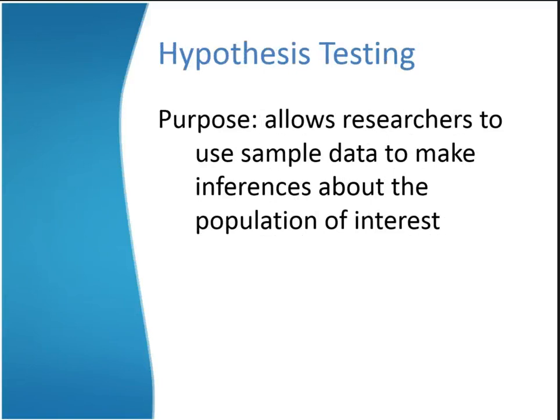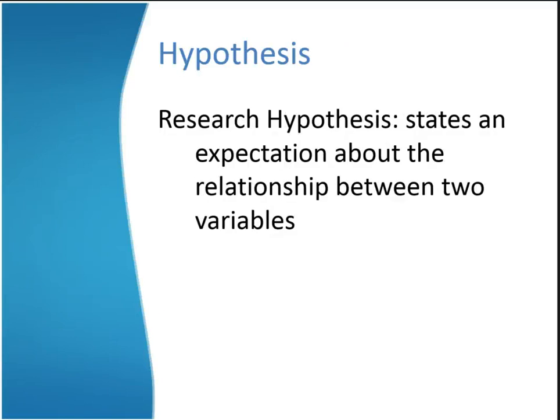Hypothesis testing. The purpose with hypothesis testing is what it says here: to allow researchers to use sample data to make inferences about whatever population of interest we're looking at. And we do that by having what we call a research hypothesis. Our research hypothesis states an expectation about the relationship between two different variables.